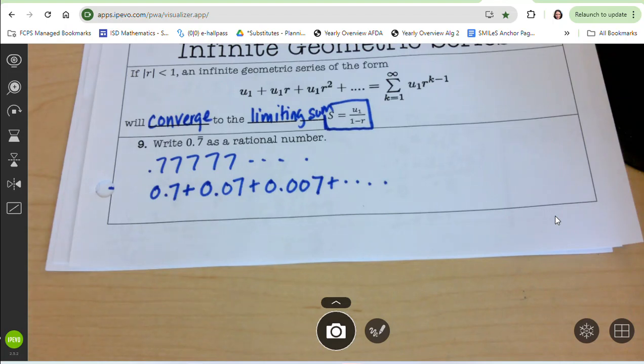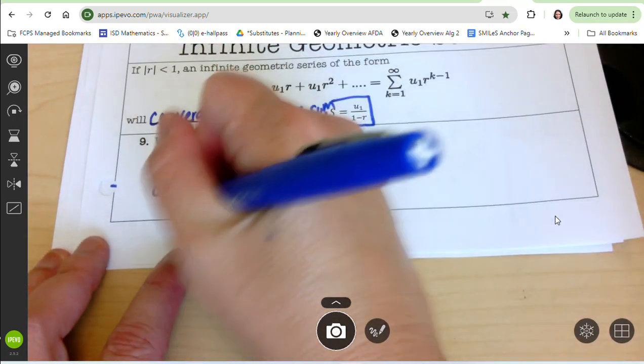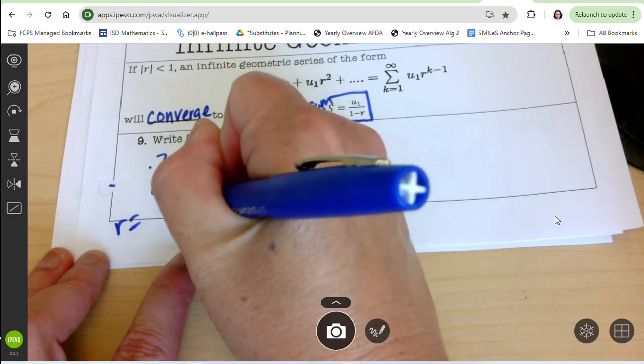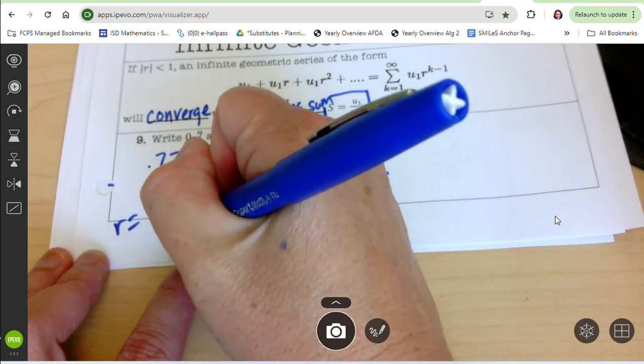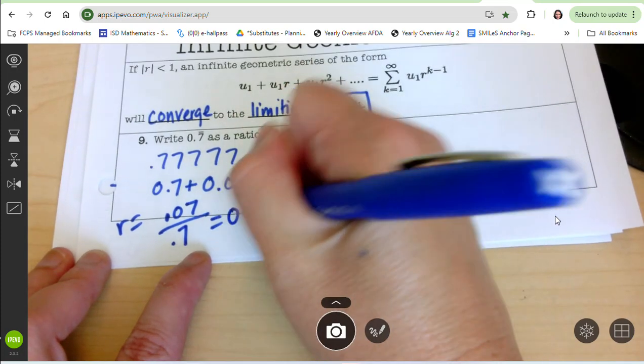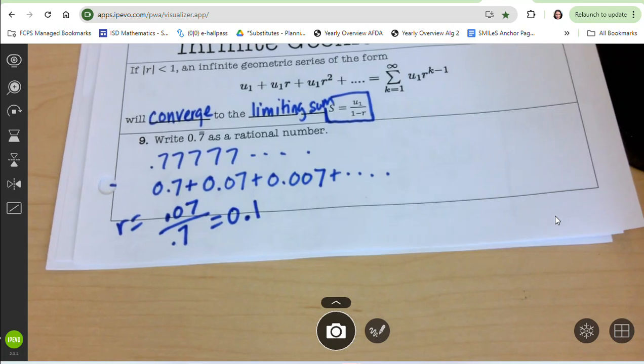Okay, so divide by 10 is the same as multiply by what fraction? 1/10. Good. So divide by 10, same as multiply by 1/10, which is 0.1, right? So one way to find R is to do the second term divided by the first term. And you're going to get 0.1, which is 1/10. That's your R value.